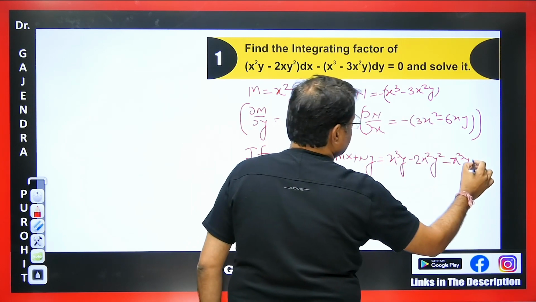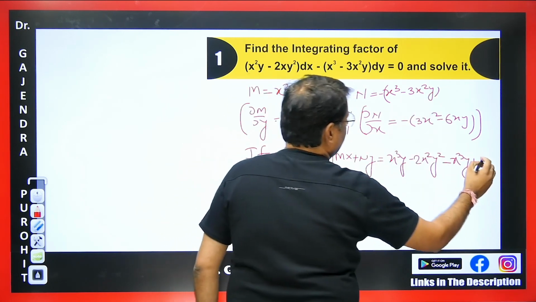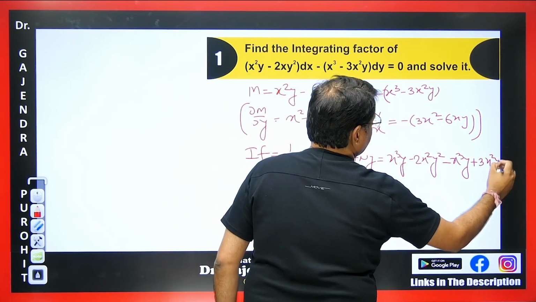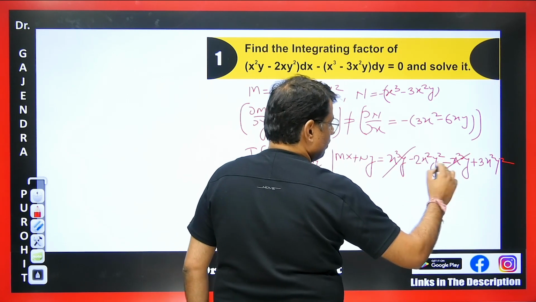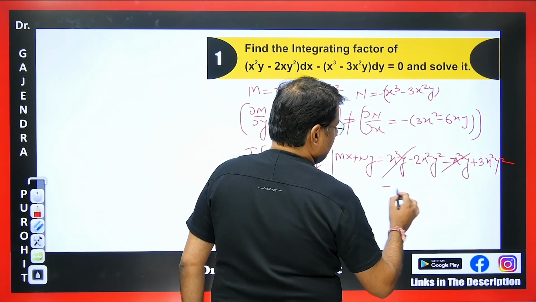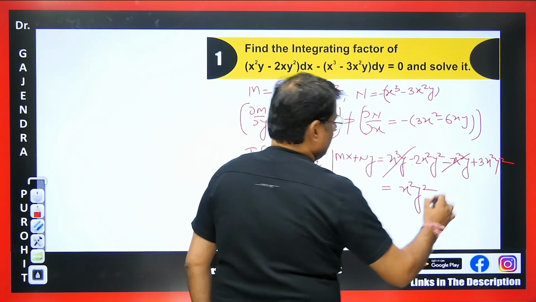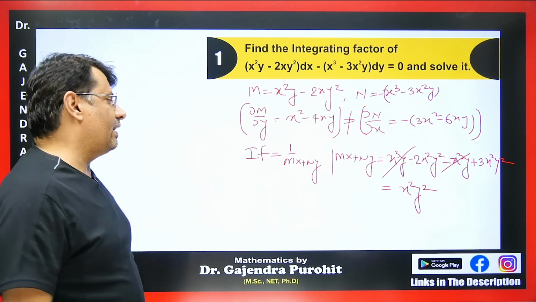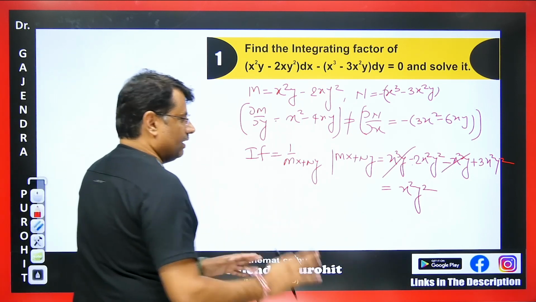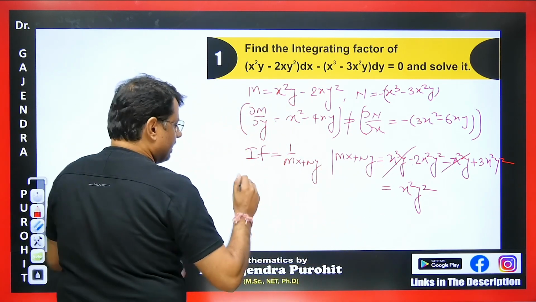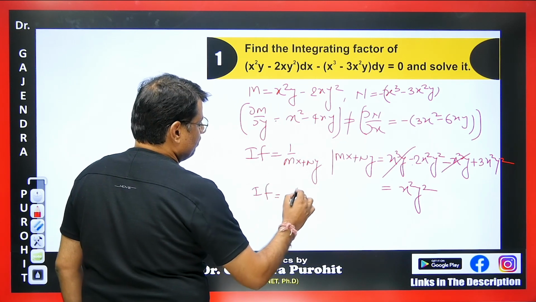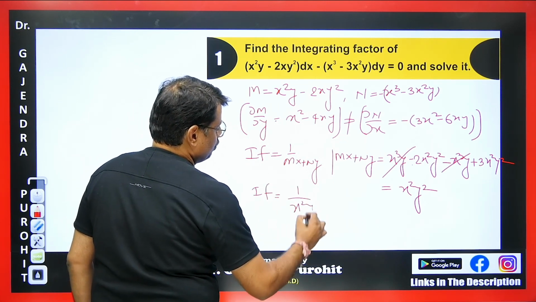And this minus and minus will be plus. If we multiply this by y, we get 3x square y square. And this term cancels out with this. It is minus and this is plus. Here we will get x square y square. I'm sorry, this is the value we got. We will put it here. So the integrating factor we will get will be 1 upon x square y square.